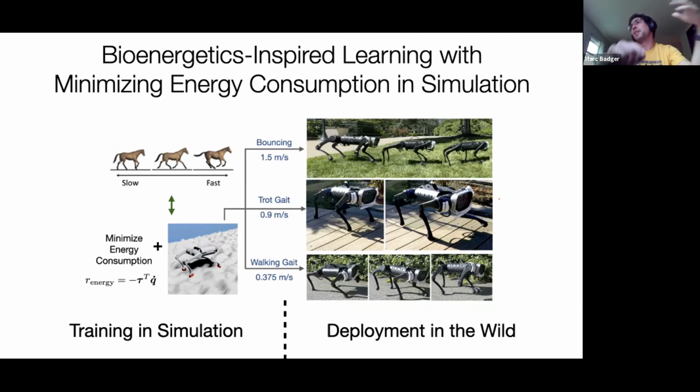And if you provided the desired signal in the original training, where you said, I'm going to penalize energy consumption, then when you're training the network in simulation, maybe the policy would learn to incorporate higher order commands for how it should behave.